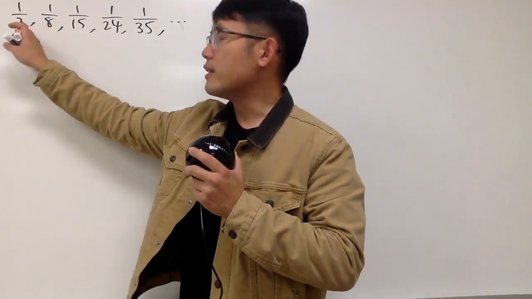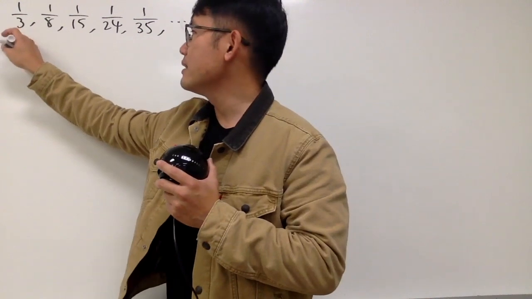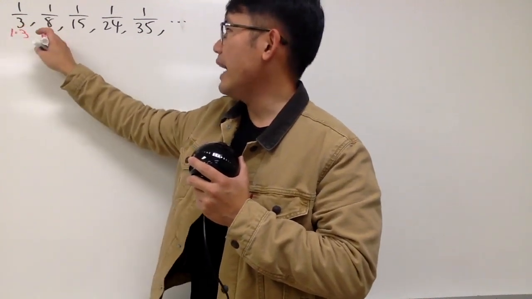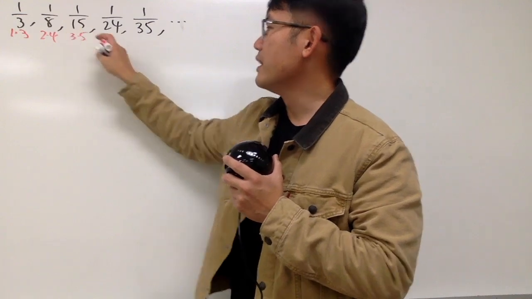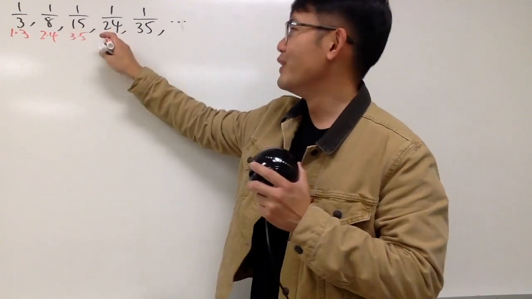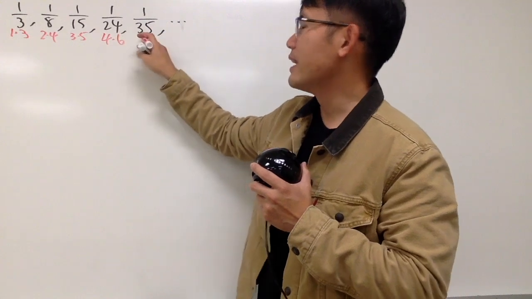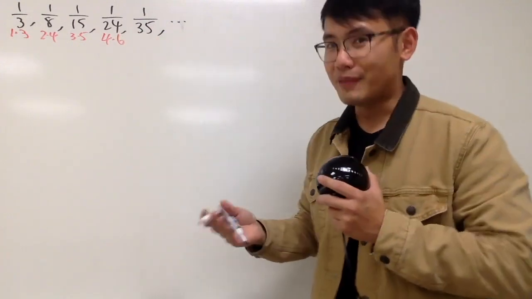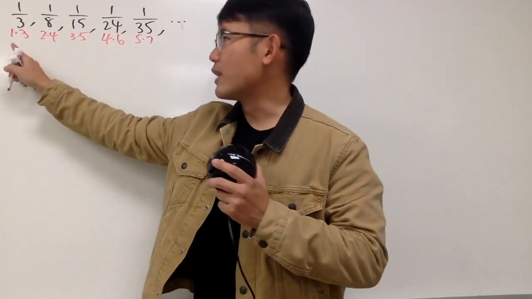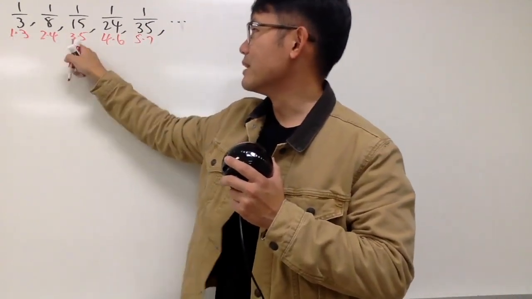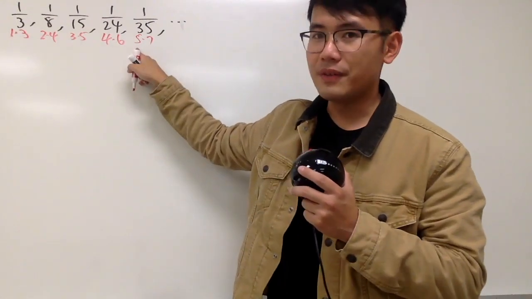Because if you look at the 3 as 1 times 3, the 8 as 2 times 4, the 15 as 3 times 5, the 24 as 4 times 6, and 35 as 5 times 7. Well, notice, this is the first term, the second term, third term, fourth term, and then the fifth term.